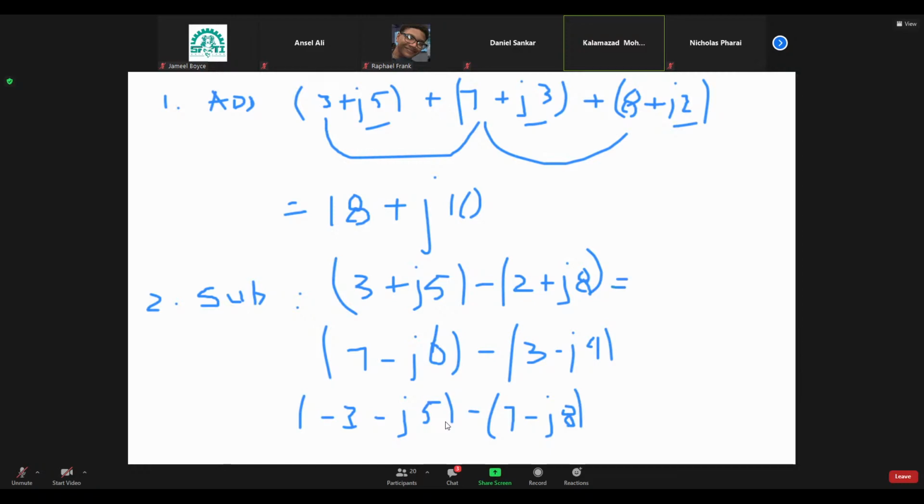So this is 3 minus 2, which is 1, and j5 minus j8 will give us minus j3. 7 minus 3 is 4, and minus j6 minus j9... minus 9 will be plus j3.